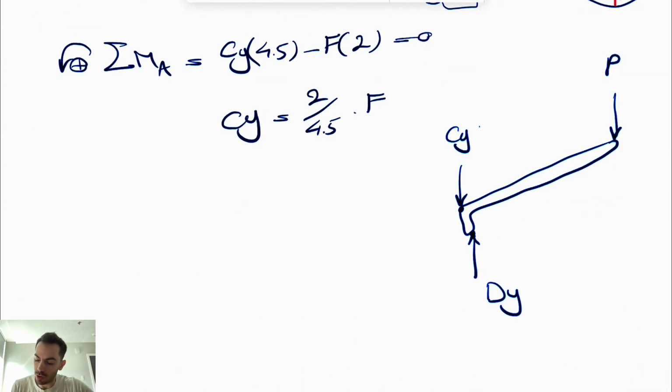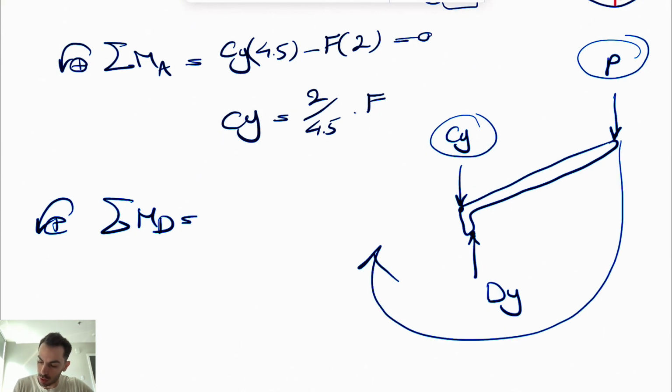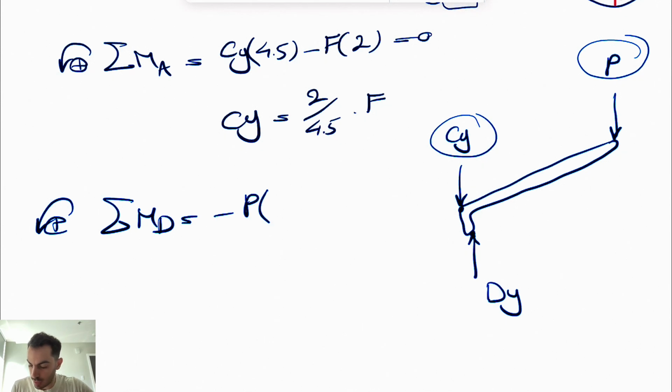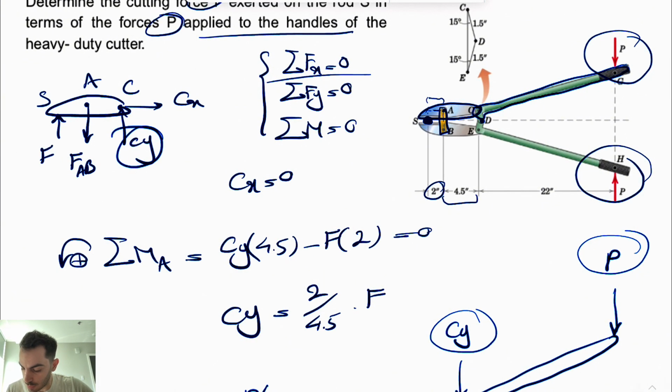Since we are interested in the relationship between Cy and P, we're going to find the moment about point D, counterclockwise positive. We're going to have the moment of P, which is a clockwise moment, so negative P times the distance. This time we need the vertical distance from D to the line of action of P. What we have here is the distance from E to the line of action, which is 22 inches.